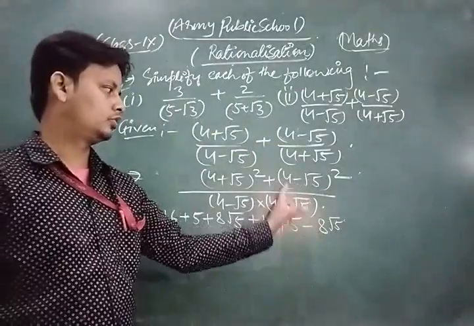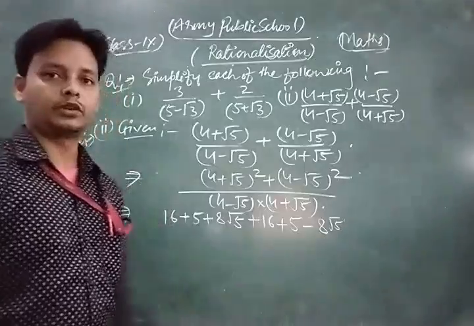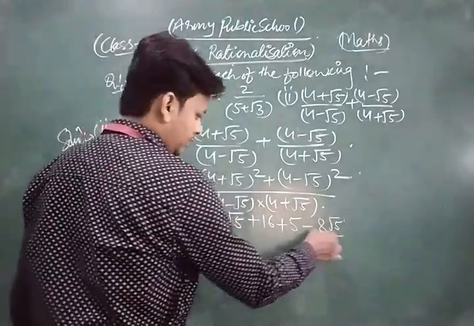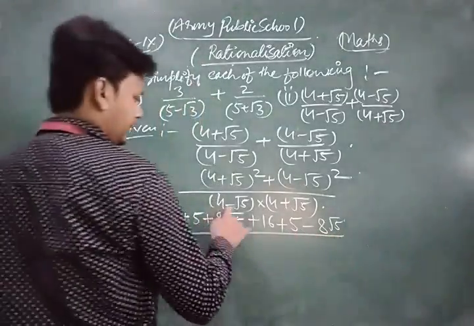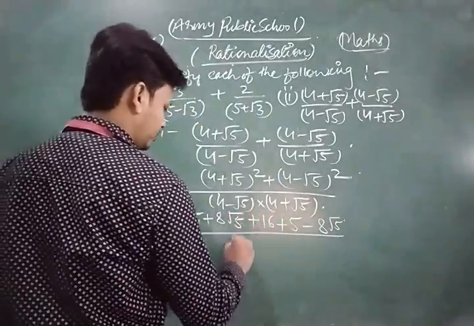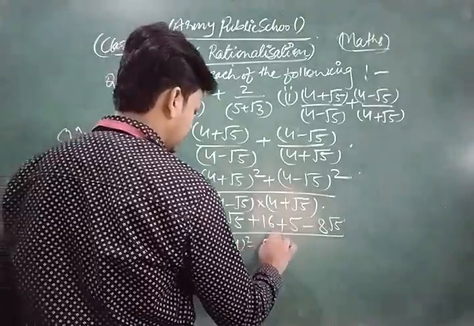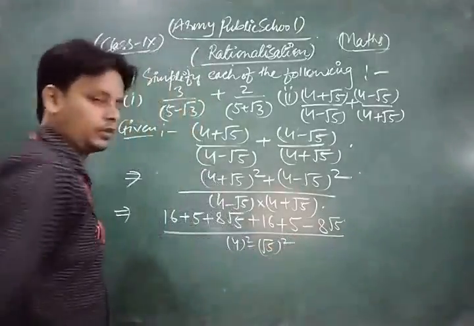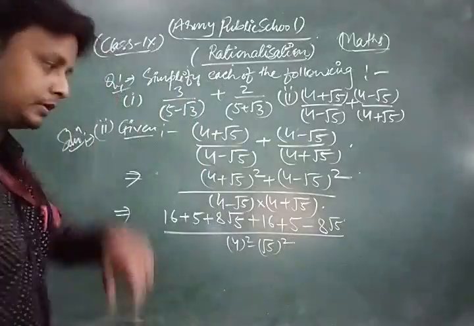And in the denominator, that is a minus b in one bracket, a plus b in another bracket, so we can write a square minus b square.